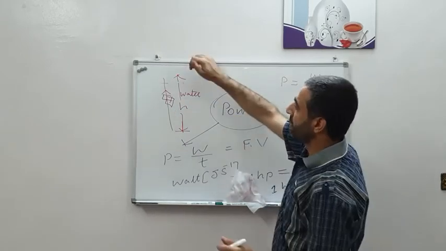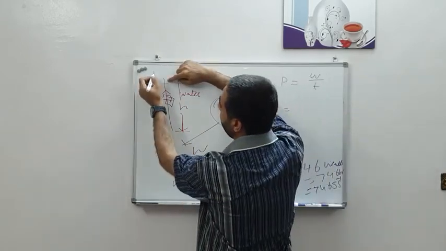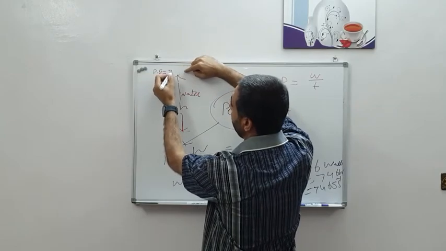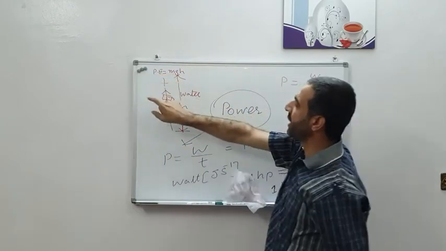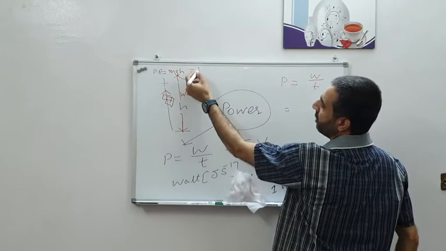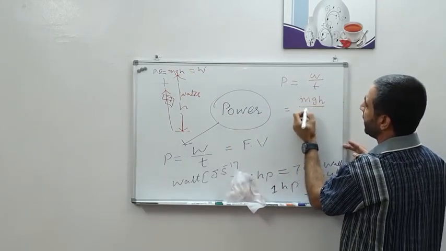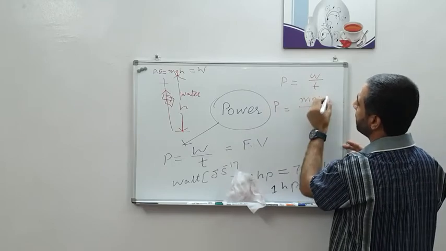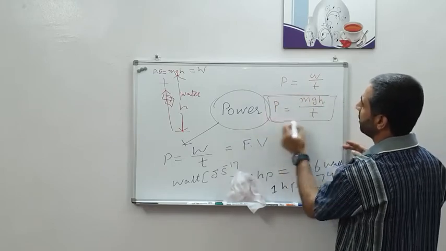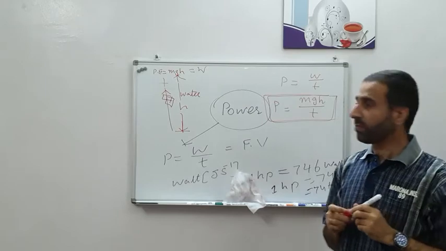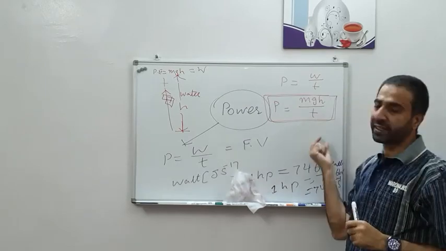The work done will be equal to the potential energy possessed by the water at that height. So I will write mgh divided by time.